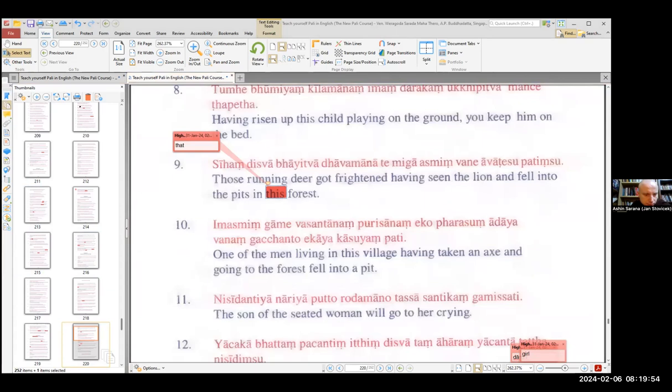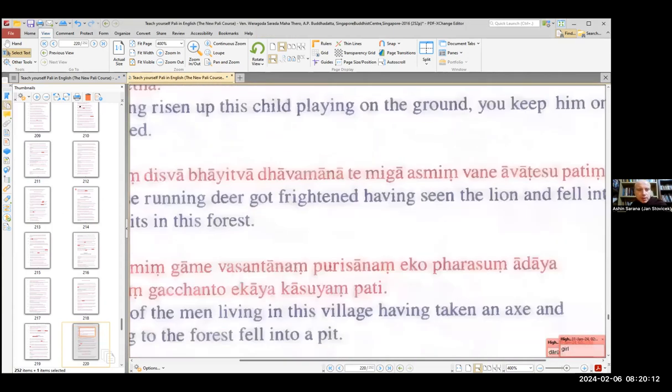It's not asmiṃ, I don't see the word before. Asmiṃ. Actually, it's correct. Actually, it's correct. Asmiṃ. But you see only the window, right? You do not see what I'm putting there. Can you see something else that I've just added? No, probably not.